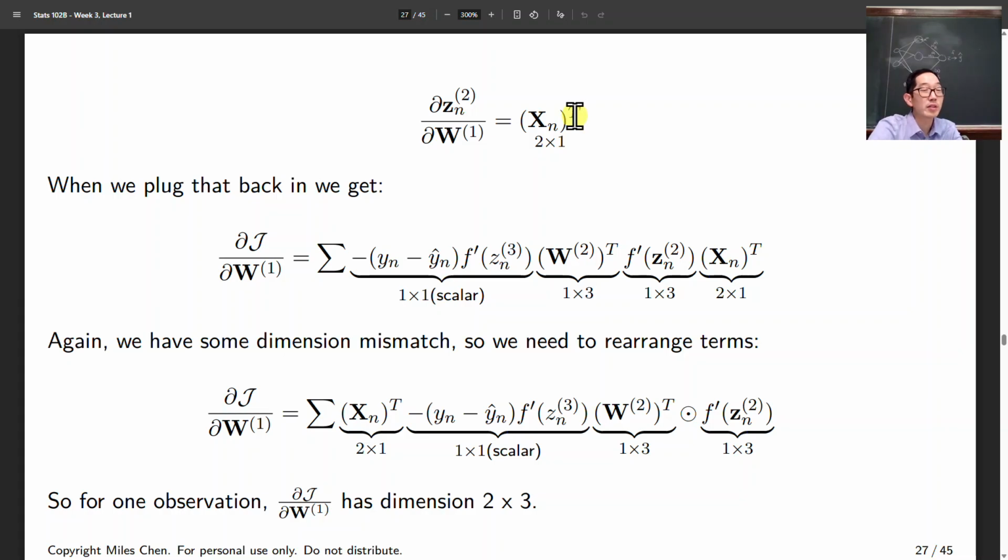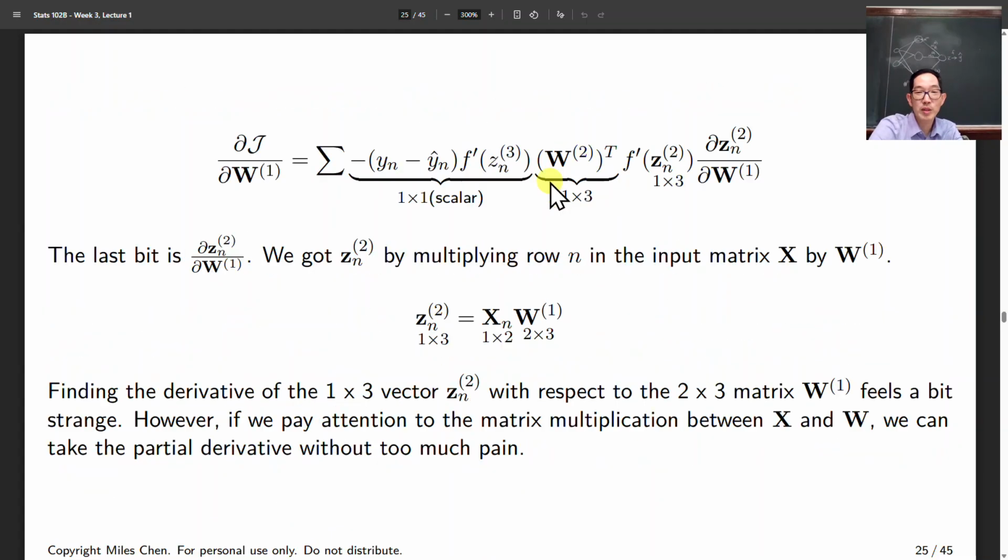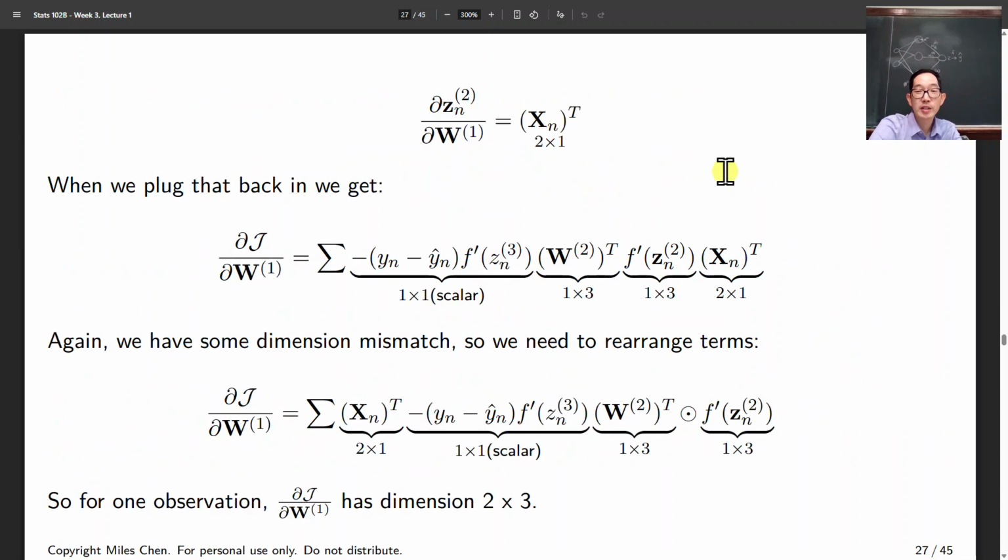So this is what we have here. If I plug that in back here, now all of our dimensions are misaligned, and again, we should focus on each of the elements that we're getting.